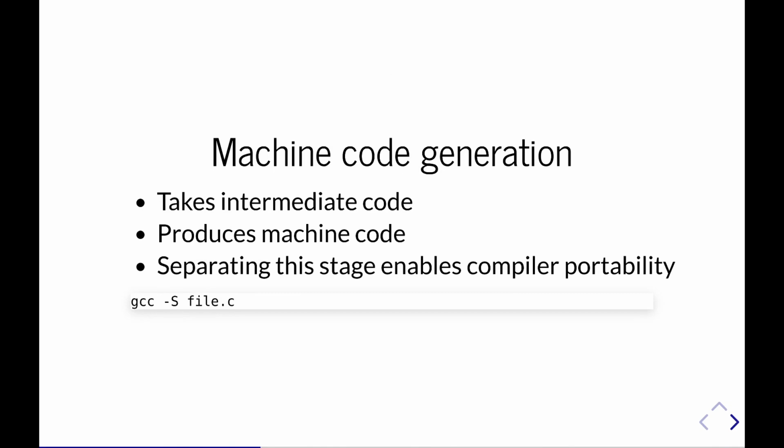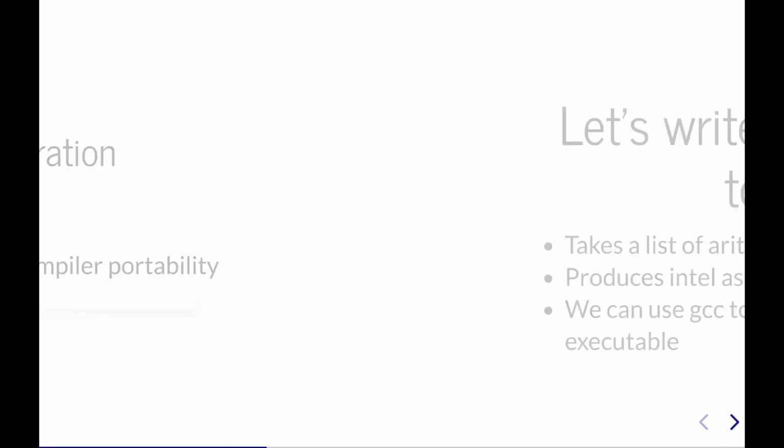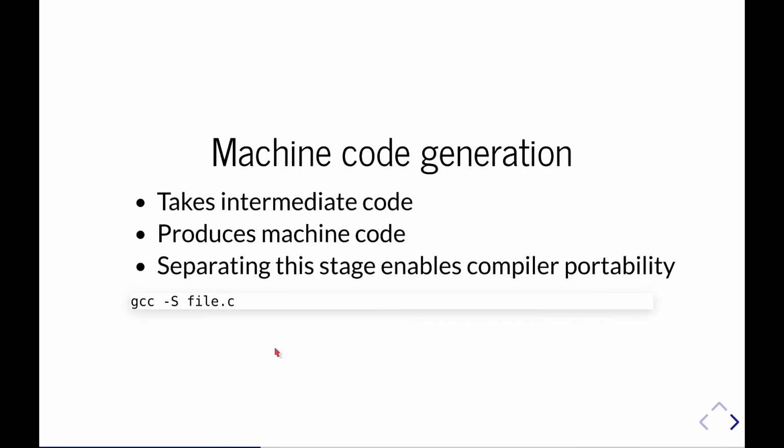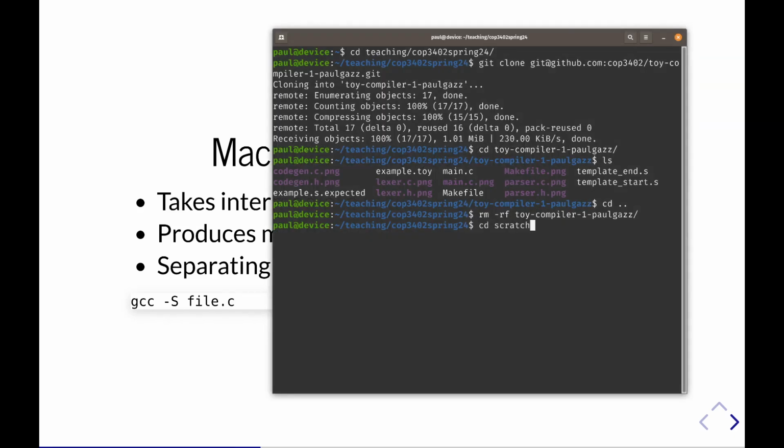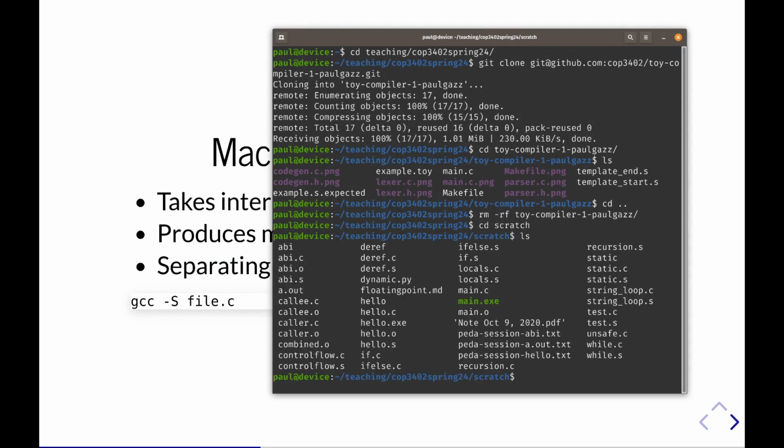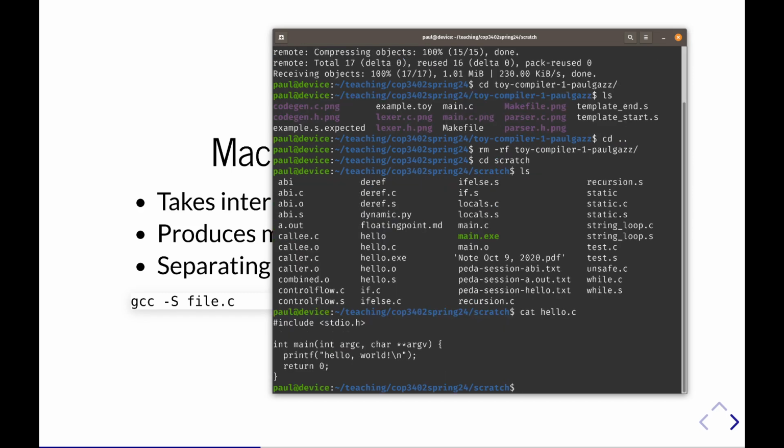And so if you actually want to see, let me show how you can have GCC do the actual compilation for you. So let me take an example program here. Okay, just a simple hello world program.